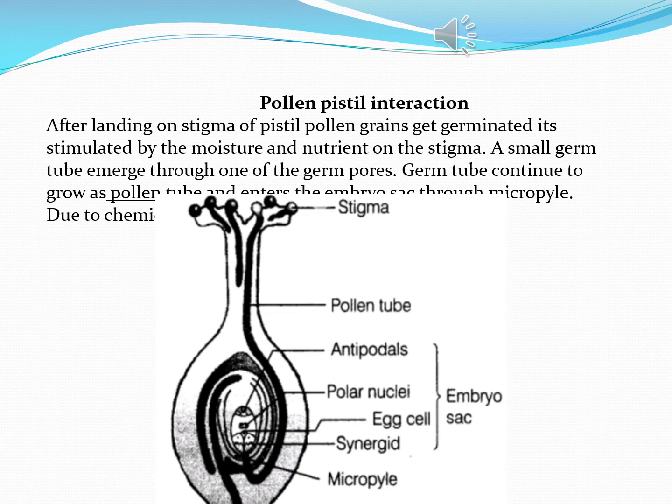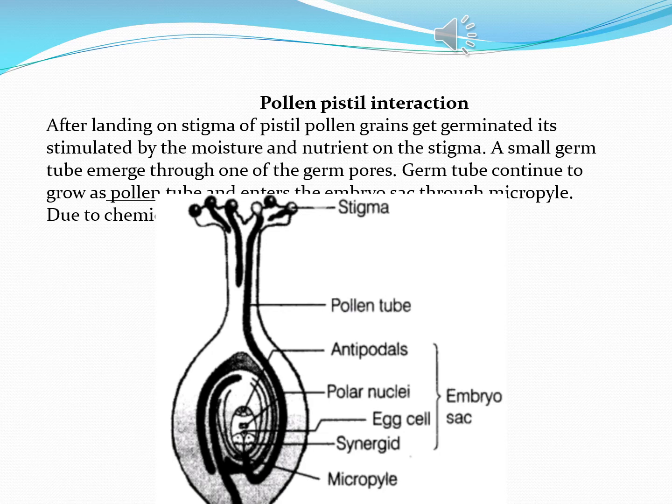This pollen tube will enter into the pistil through the stylar region, and it will reach the embryo sac due to chemical attraction.